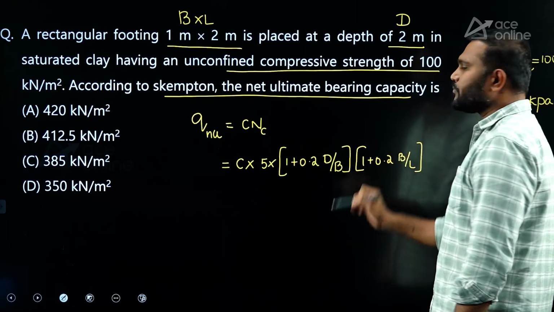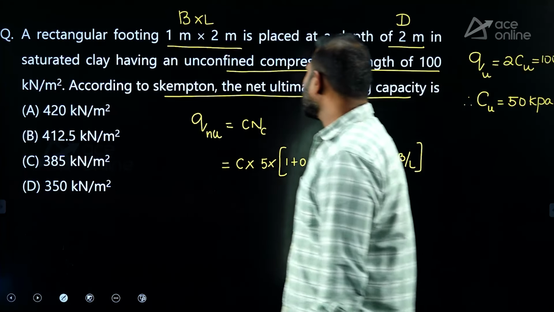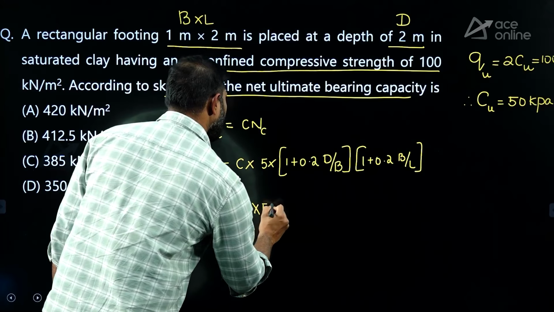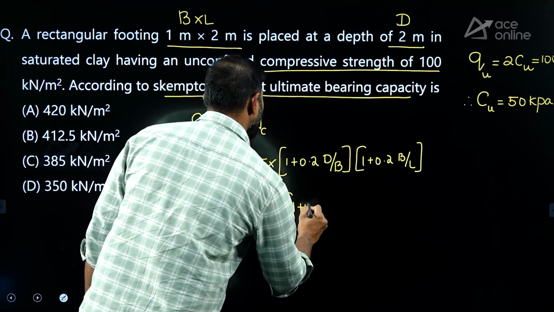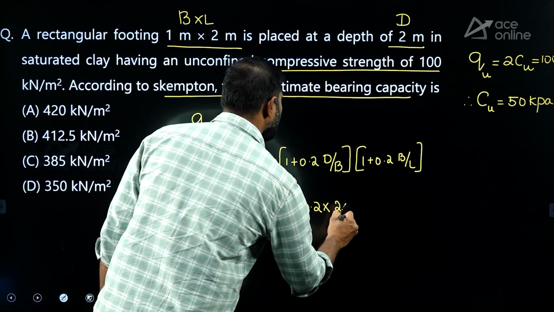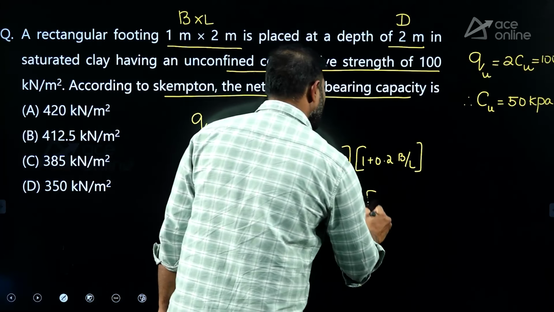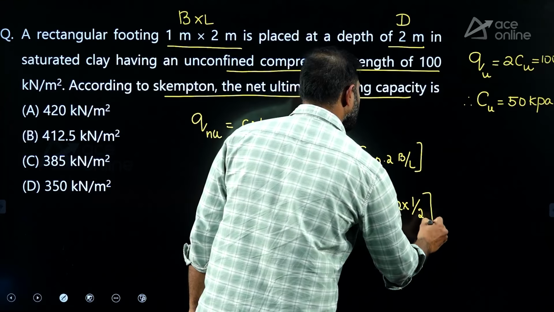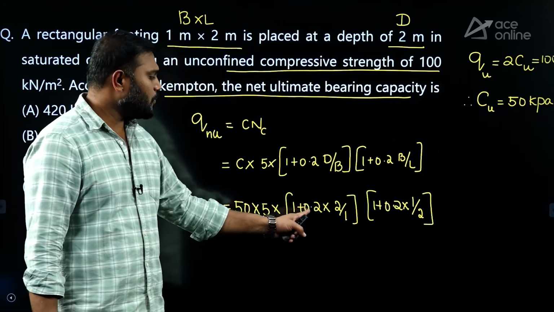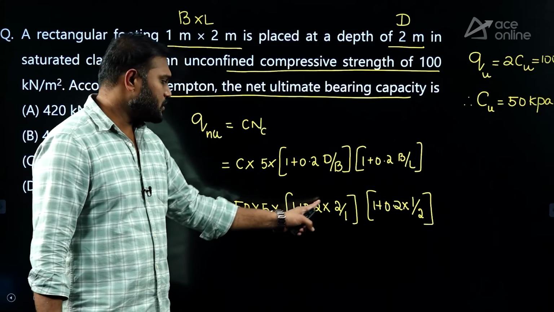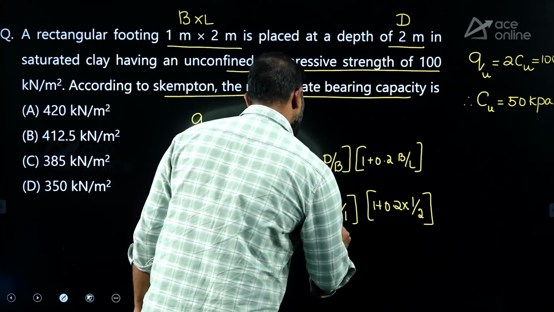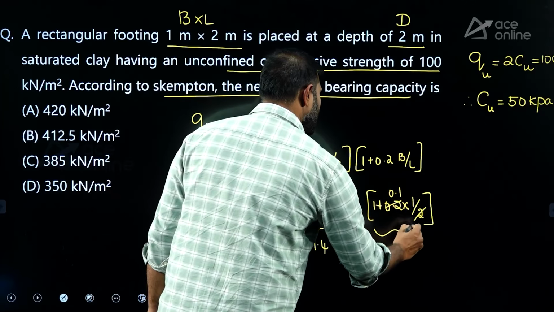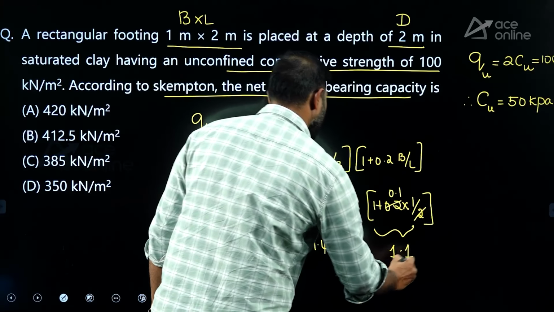by L. As everything is here, C is already 50, into 5 into 1 plus 0.2, D is 2 meters, width is 1 meter, into 1 plus 0.2, width is 1 meter, length is 2 meters. 0.2 into 2 is 0.4, so this comes as 1.4. And 0.2 into 1 by 2 is 0.1, so this comes as 1.1.